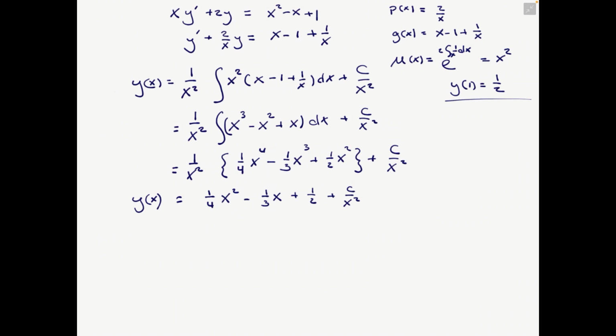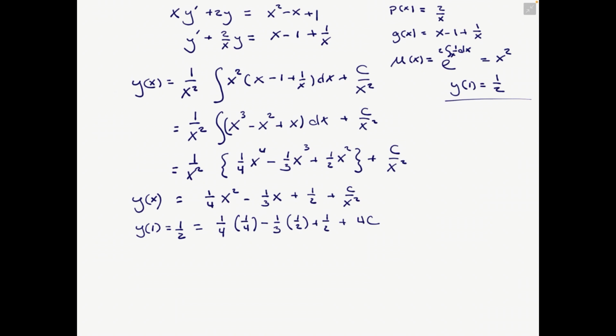That's y of x in the general, and y of 1 equals 1/2 equals 1/4 times 1/4 minus 1/3 times 1/2 plus 1/2 plus 4c.